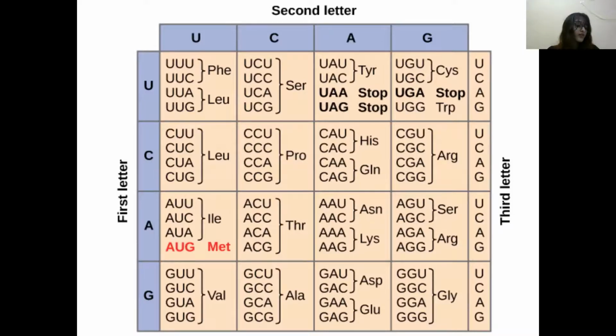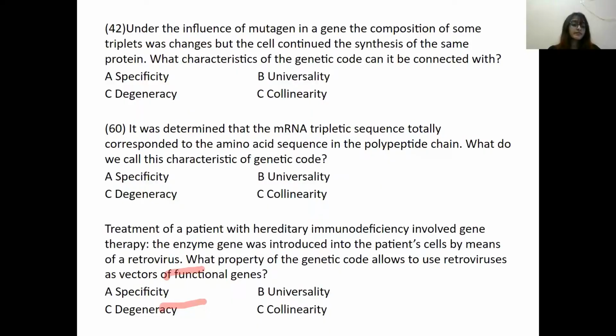How is it possible? For example, if a mutation happened and GUU changed to GUA, it is still synthesizing the same amino acid. This property is degeneracy, because one amino acid is coded by many codons. So even if a mutation occurs and the codon changes, it can still synthesize the same amino acid.